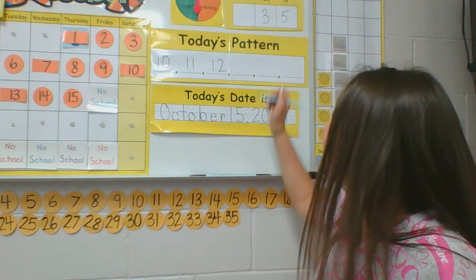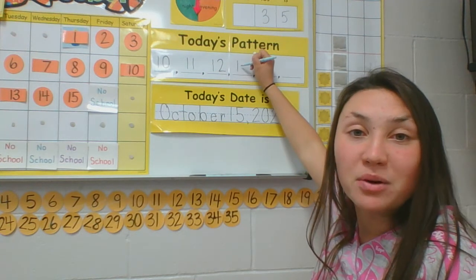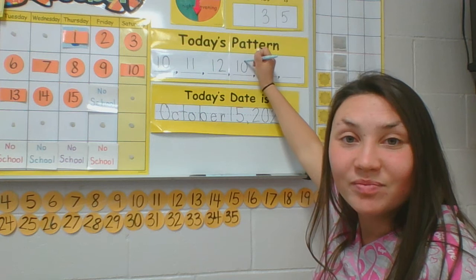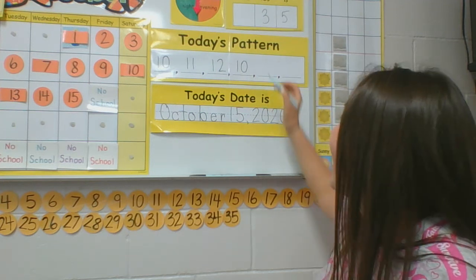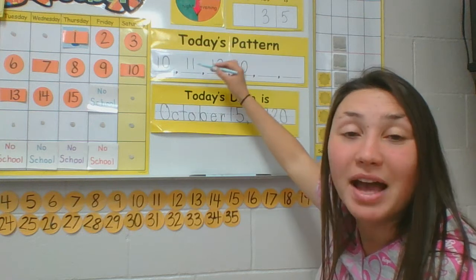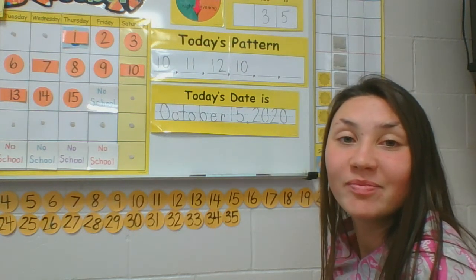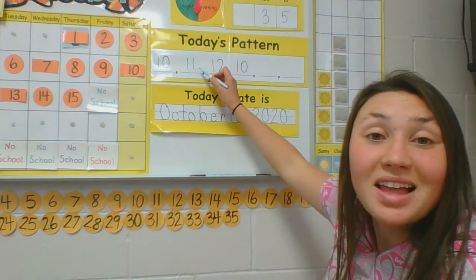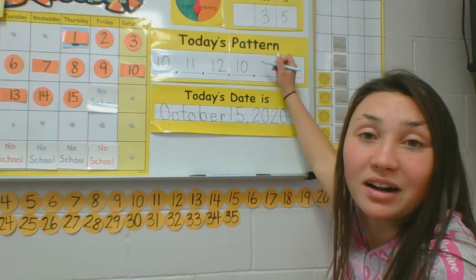Yeah, a 10. So if you're writing this, go ahead and make 10. And what comes after a 10 in our pattern here? Yeah, the 11 comes after the 10. So we can make our 11.